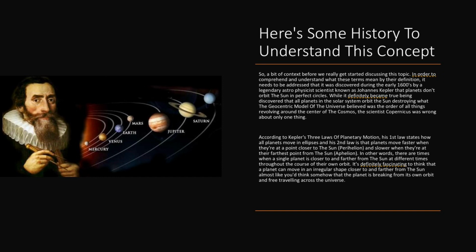In other words, there are times when a single planet is closer to and farther from the sun, at different times throughout the course of its orbit. It's fascinating to think that a planet can move in an irregular shape closer to and farther from the sun, almost like the planet is breaking from its own orbit and free traveling across the universe.